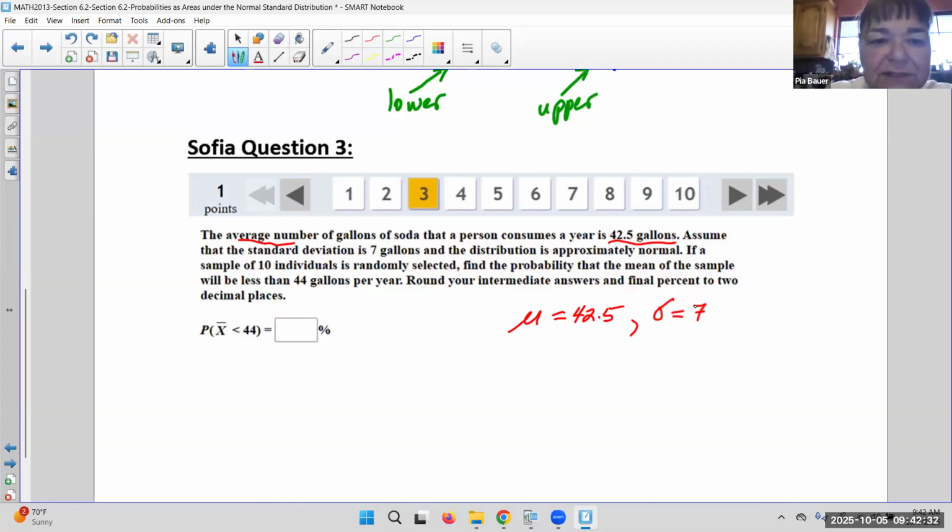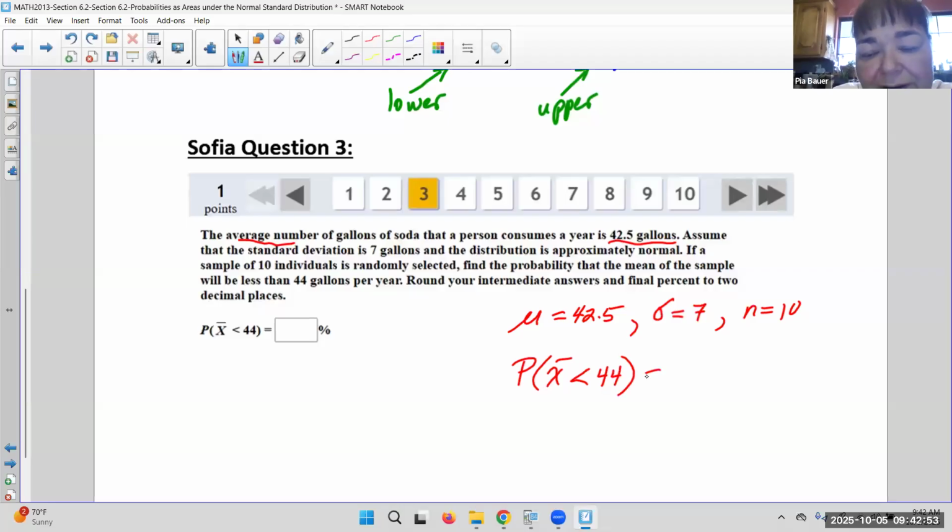If a sample of 10 individuals is randomly selected, so we have n equals 10, find the probability that the mean of the sample will be less than 44 gallons. So we want to find the probability that X bar, the mean of the sample, is less than 44.